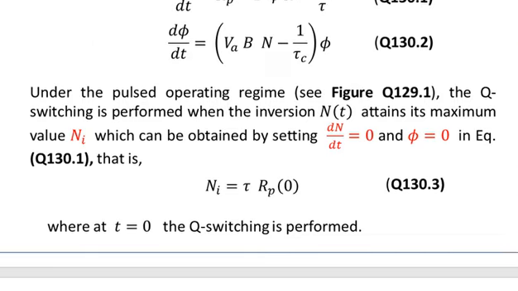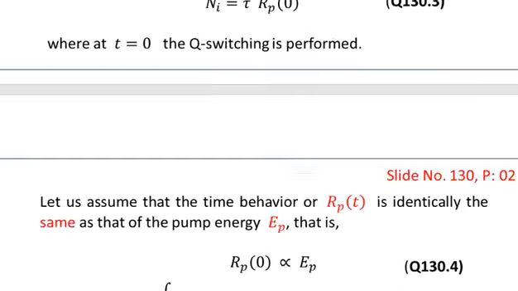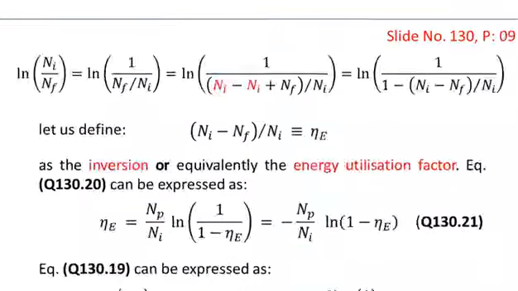So you see that in equation number 1, we can set two values: the rate of change of inversion equal to 0 and phi equal to 0. And you know that N of t attains its maximum value Ni. So let me show you that value again in the figure.